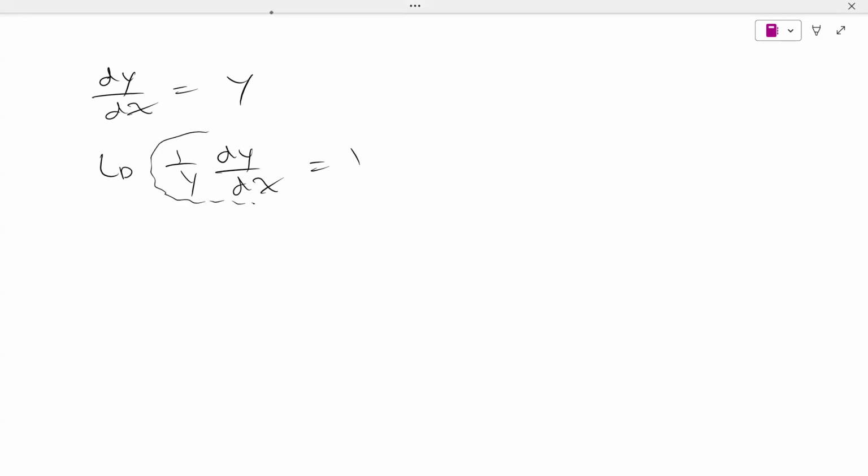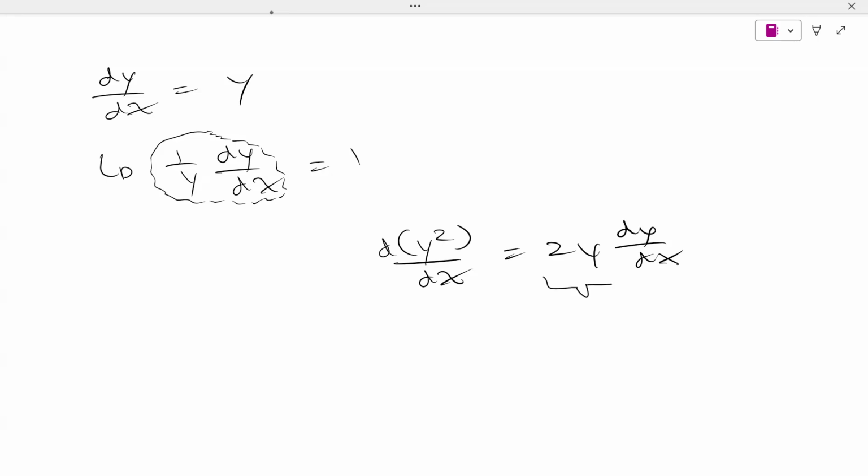You may notice this is just like a sort of implicit differentiation. So we saw before d y squared dx is 2y dy dx, which is some term in terms of y multiplied by dy dx. So I guess I'll write f of y and dy dx.